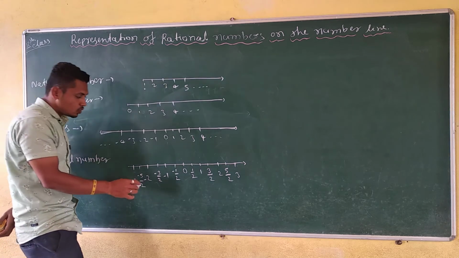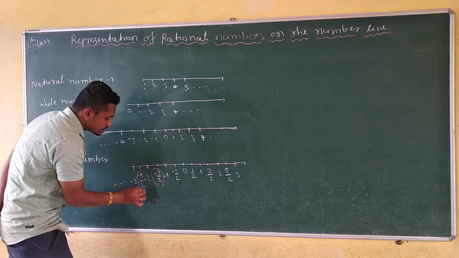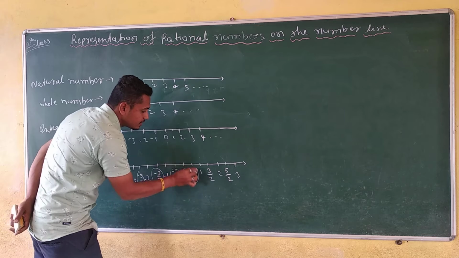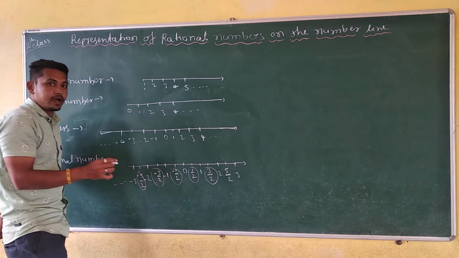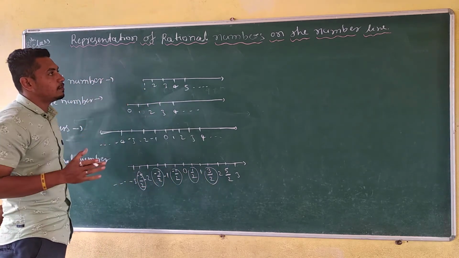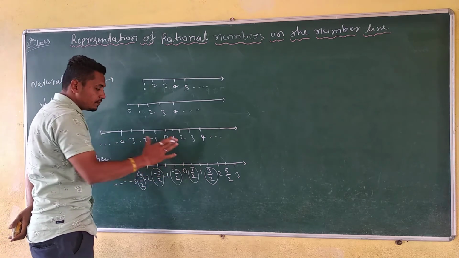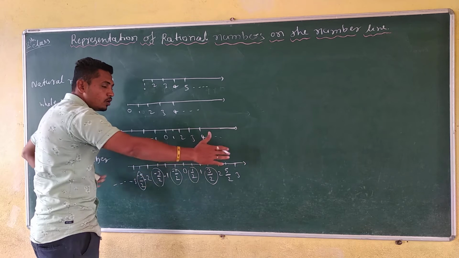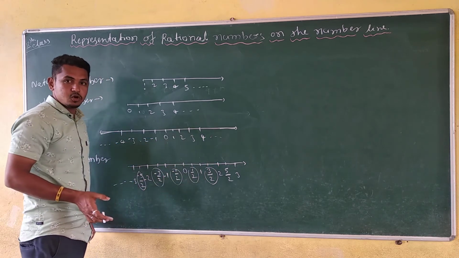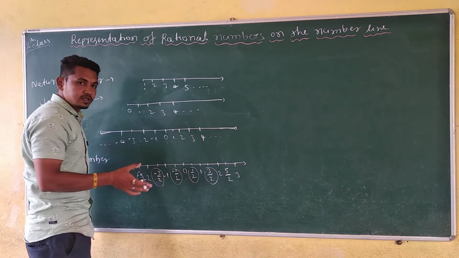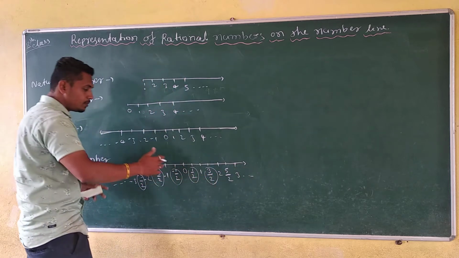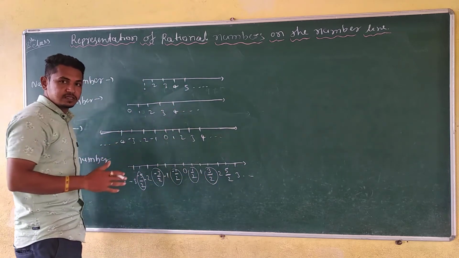So these are the rational numbers. Now we have to represent these rational numbers on the number line, and here also this number line is extended on both sides from 0, continuing on and on.